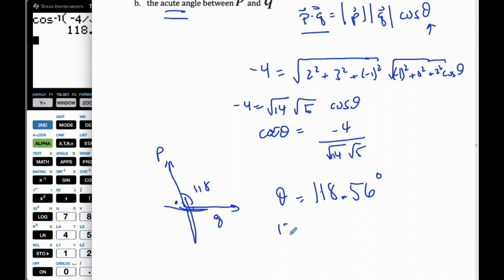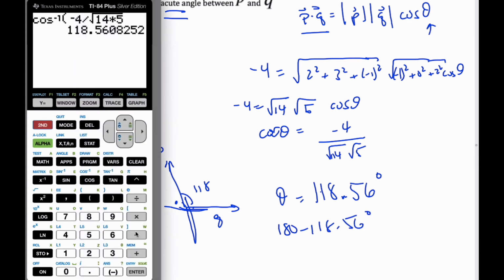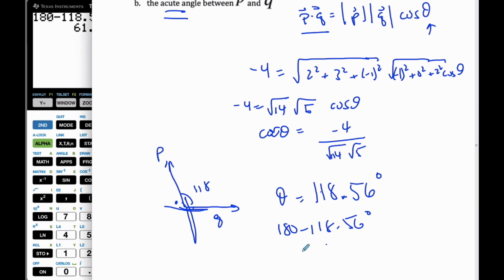So if I go 180 minus my answer here, I get my actual acute angle, which is equal to 61.4 degrees.